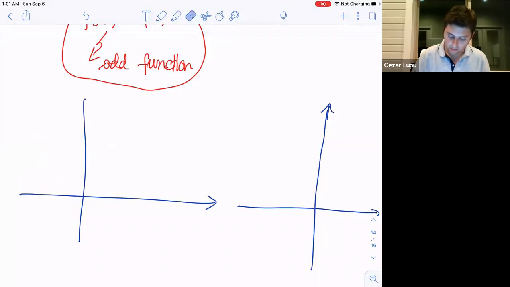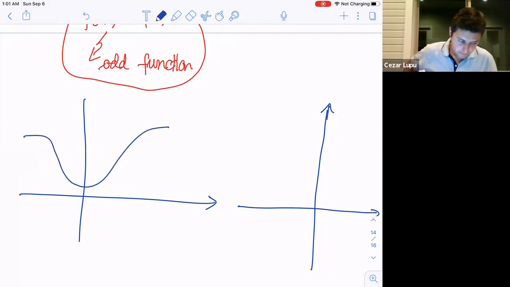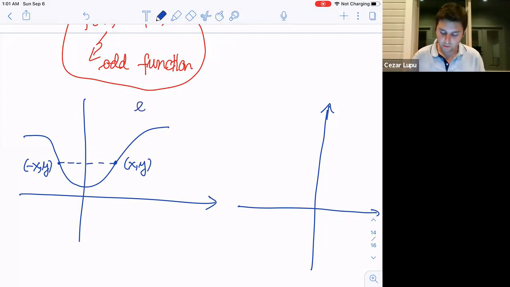It goes like this, right? So we have this point here of coordinates x, y, and we reflect this. So this point will be of coordinates negative x and y. So this is what we call an even function.